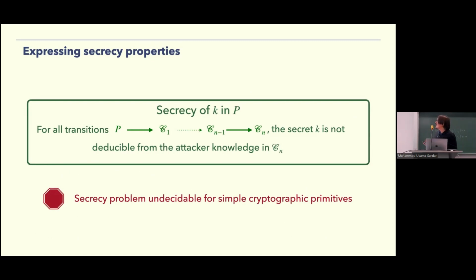And what ProVerif will verify is that no matter the sequence of actions that the attacker can do, if your protocol reaches some state, let's say configuration CN, the secret key, K, for instance, is not deducible from the attacker's knowledge in the final state. And ProVerif will be able to verify that kind of property.